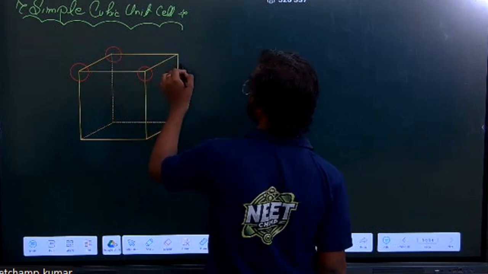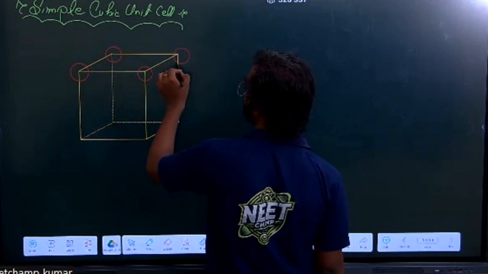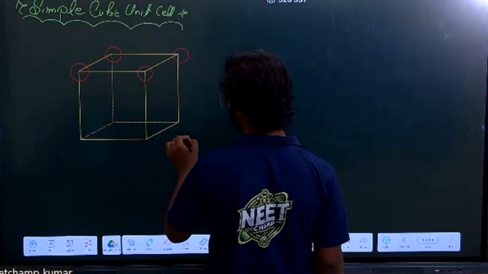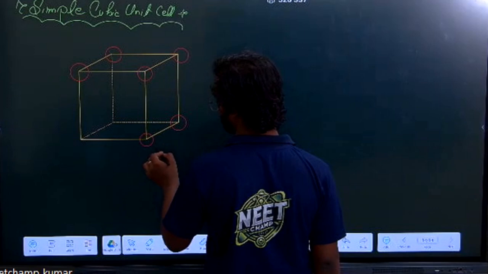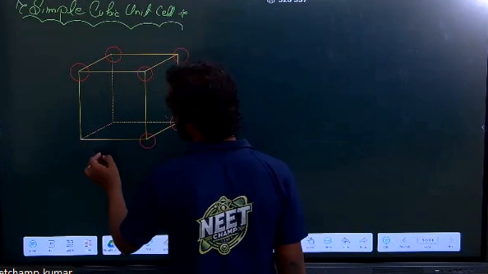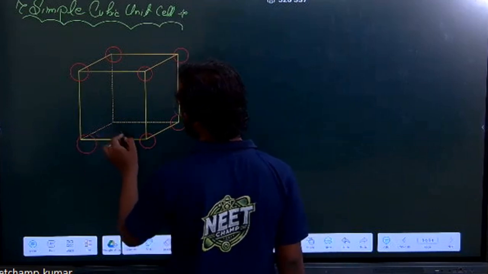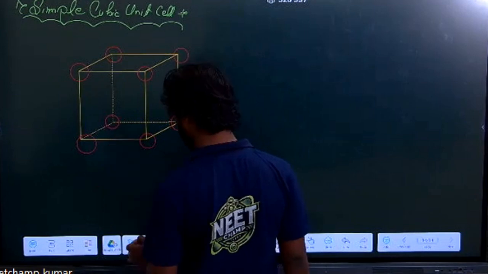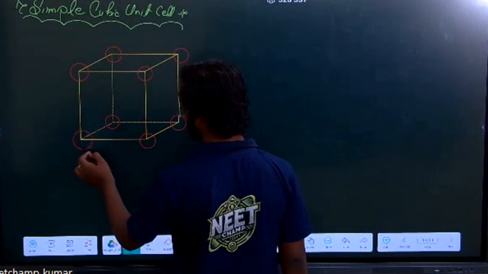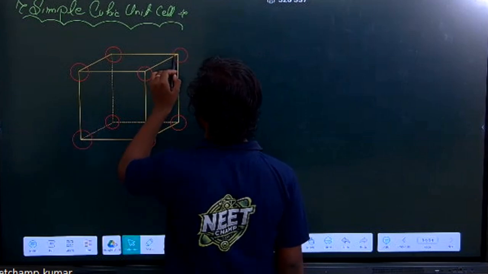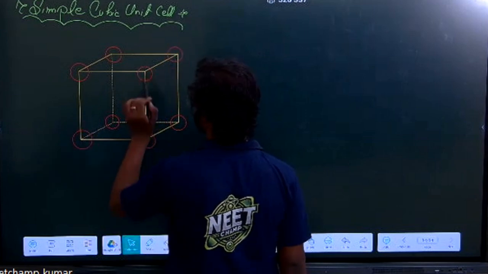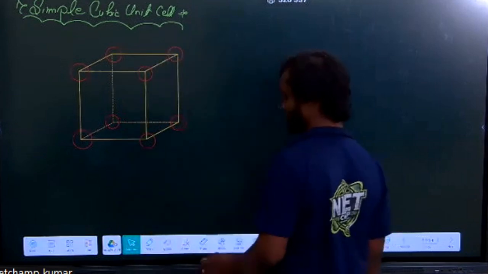This is another atom. This is one, this is one, this is one. All atoms are symmetrical. Maybe I'm not able to draw it properly, but all atoms are symmetrical.